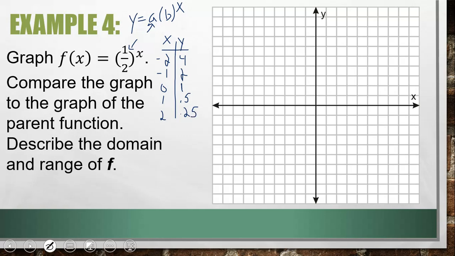And notice here, I said there wasn't really an a. Well, there's really like a 1 there. That's really my y-intercept, and you can see there it is right there at (0, 1). So let's plot this one. We've got (-2, 4), which would be right there, (-1, 2), (0, 1), (1, 0.5), (2, 0.25).